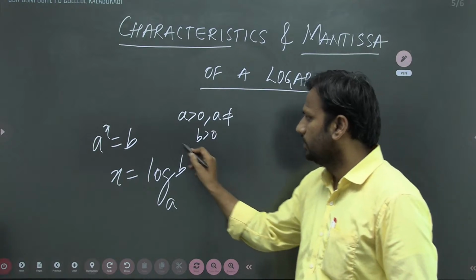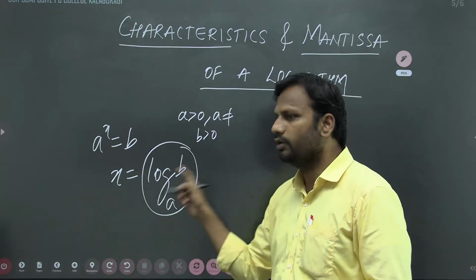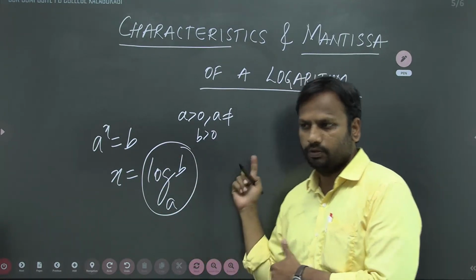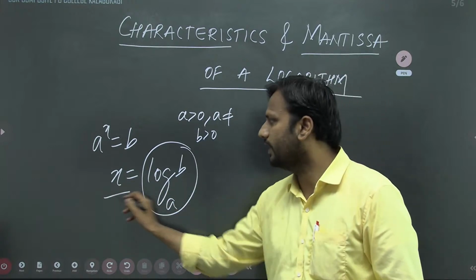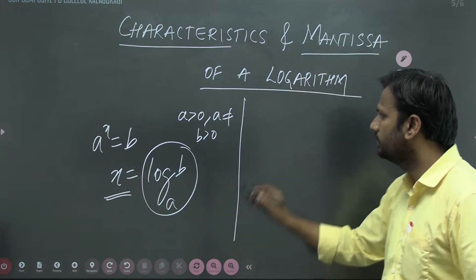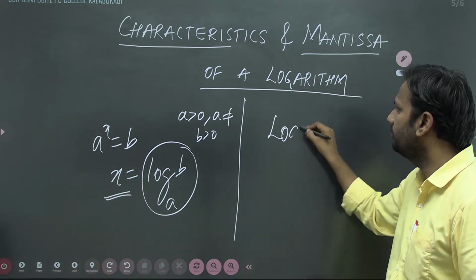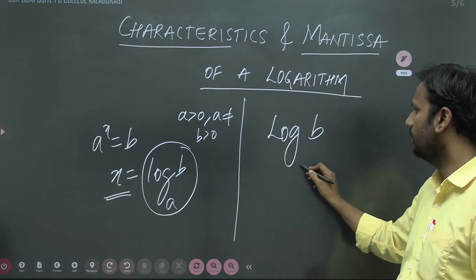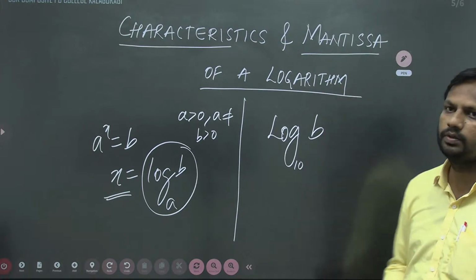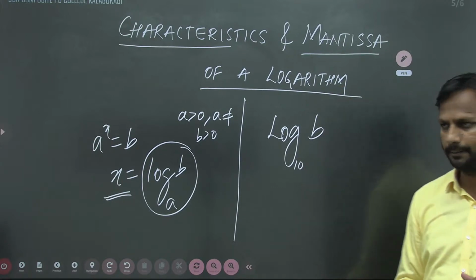Now, how to find the value of logarithm of b to the base 10, the common logarithm? Let us find out. Logarithm of b is a number here, and the base will always be 10 to find the characteristic part and mantissa part.